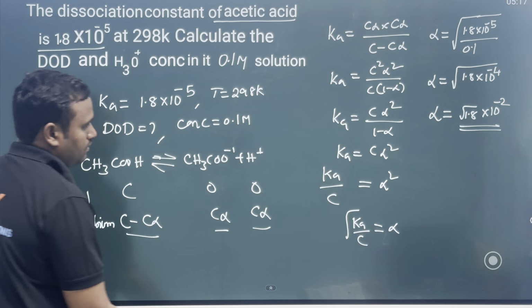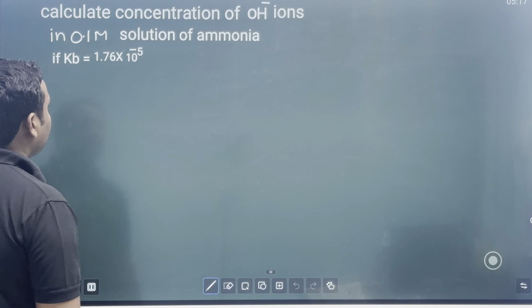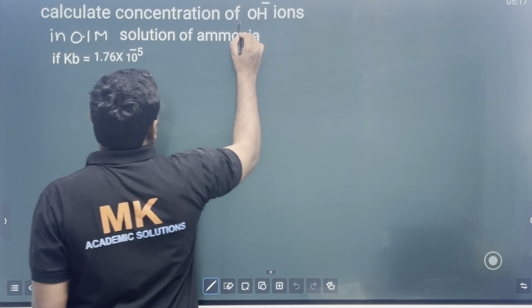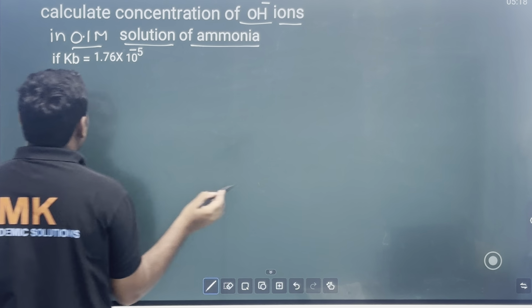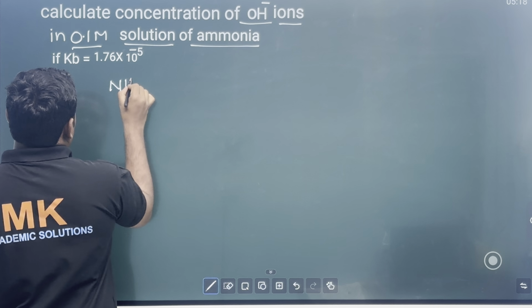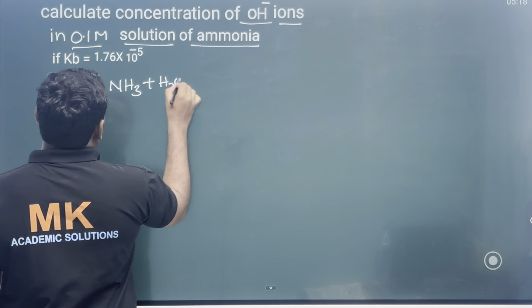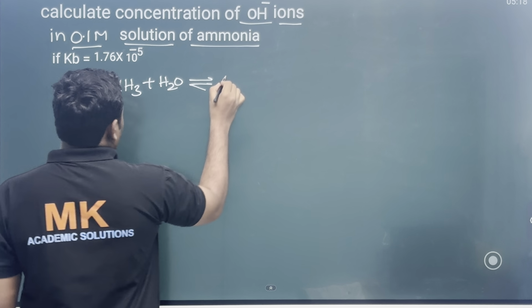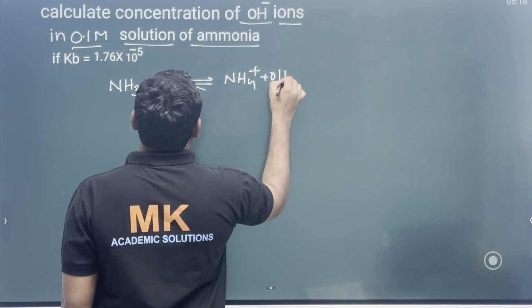Next, let us see. Calculate the concentration of OH minus ions in 0.1 molar solution of ammonia. Ammonia, NH3 plus H2O, gives rise to NH4 plus and OH minus.